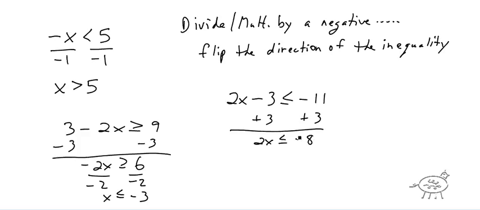People see this negative right here and they think, oh, it's negative, so I'm going to switch the inequality sign. But remember, you have to divide by a negative. So this number in front of the x, the coefficient is a +2. I'm dividing by +2. I do not flip the inequality sign. And that's my answer. X is less than or equal to -4. Only if you divide or multiply by a negative.